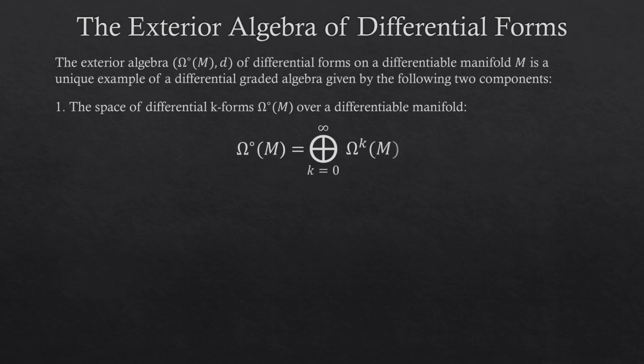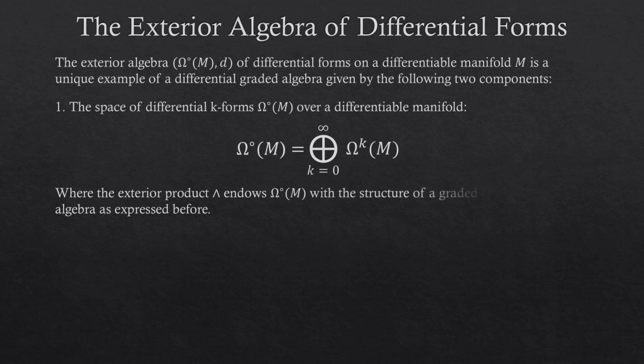And we grade it very similarly from k equals 0 to infinity in this case, and it's just the space of differential forms specifically instead of just an arbitrary algebra. And the exterior product given by this wedge endows the space of differential k-forms on that manifold with the structure of a graded commutative algebra as expressed before.